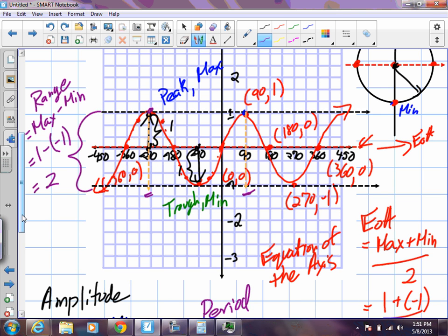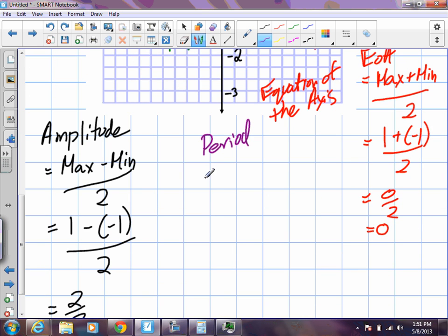In this case, that would be 90 subtract negative 270. There really isn't a specific formula because these values always change. You have to choose what x values you're going to subtract. So think of it as x1 and x2. We subtract the two for the period. When we subtract these, what do we get? The period, which happens to be 360.